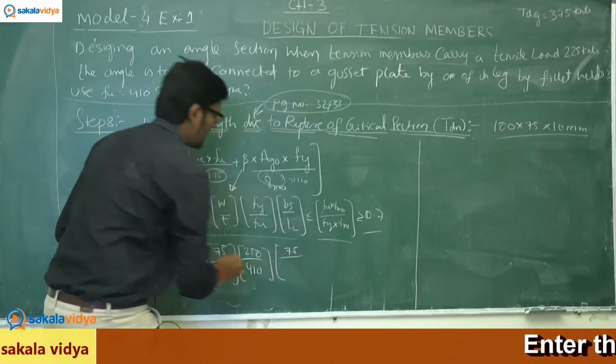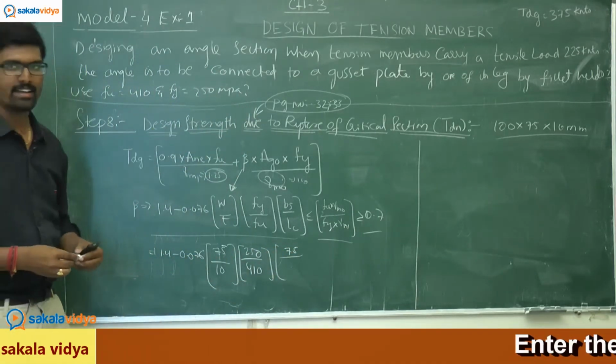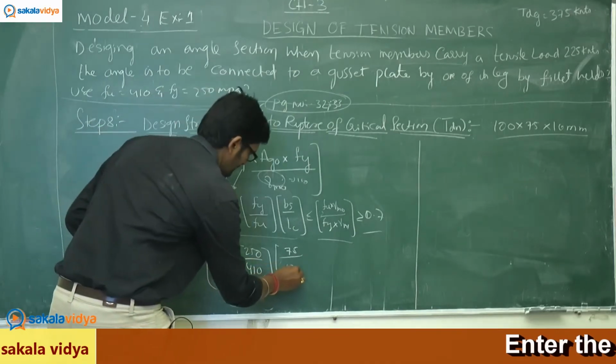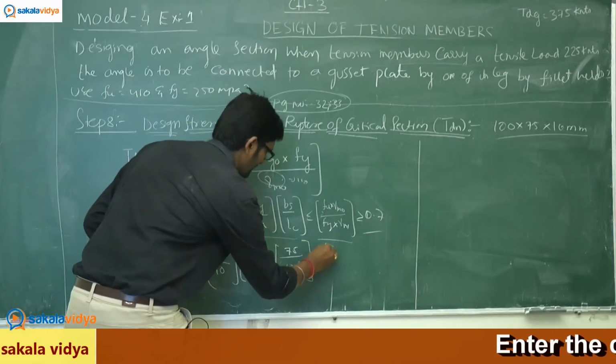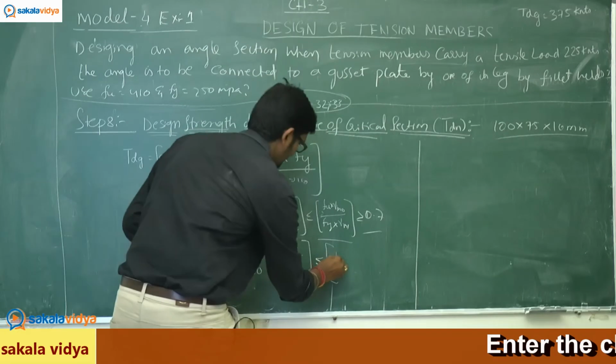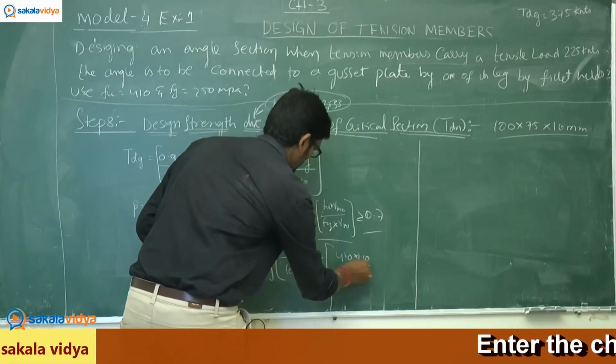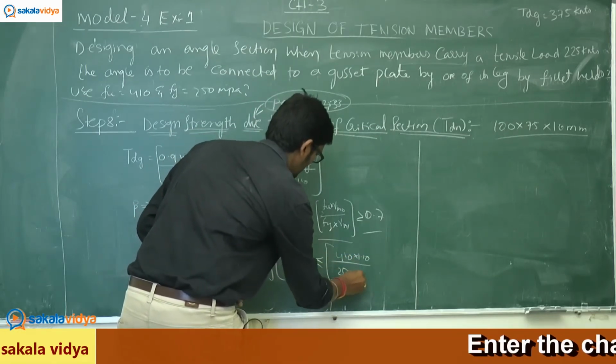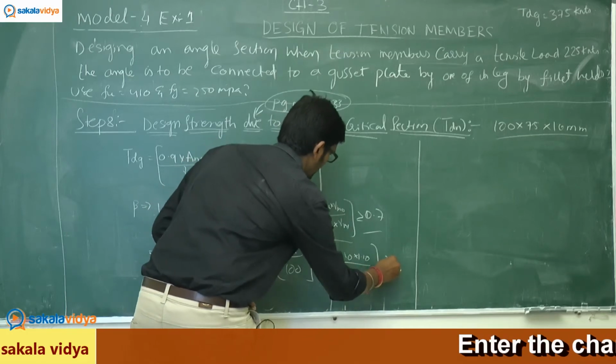Lc is not given, so I am using the longer side, that is 100. That must lie in between the limits. What is Fu? 410 is multiplied with 1.10 divided by 250 into 1.25, must be greater than or equal to 0.7.